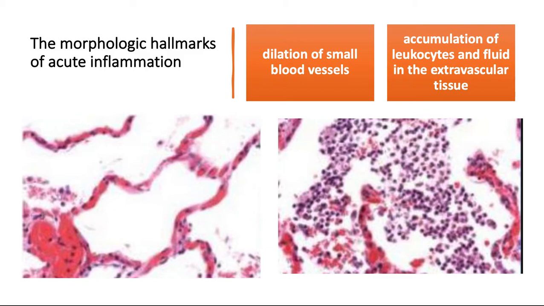Increased blood flow to the injured area and increased vascular permeability lead to the accumulation of extravascular fluid rich in plasma proteins, and this process is known as edema. It also accounts for the redness, rubor, warmth, calor, and swelling, tumor, that accompany acute inflammation.